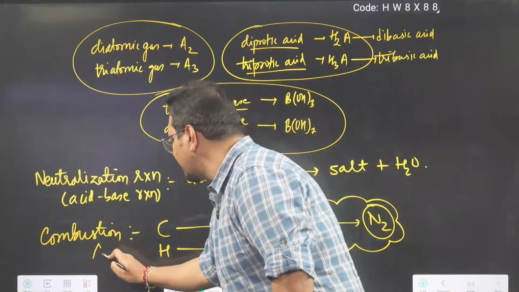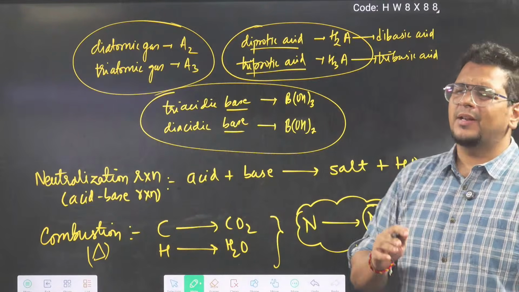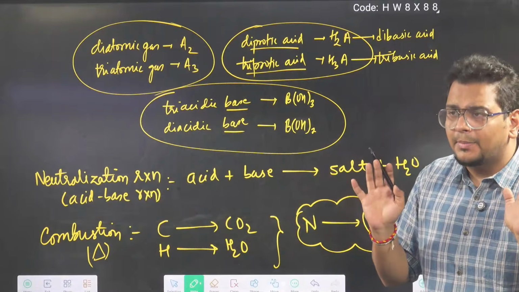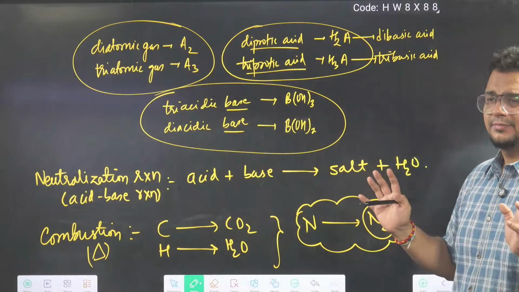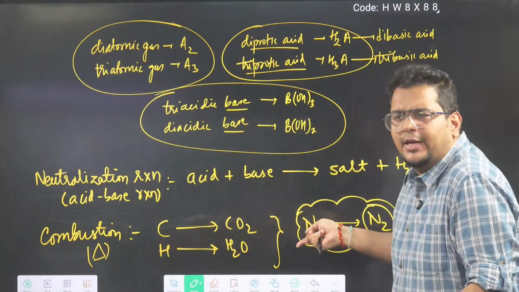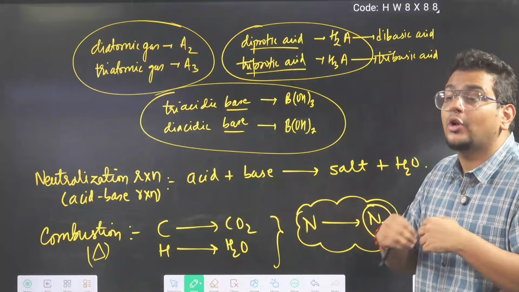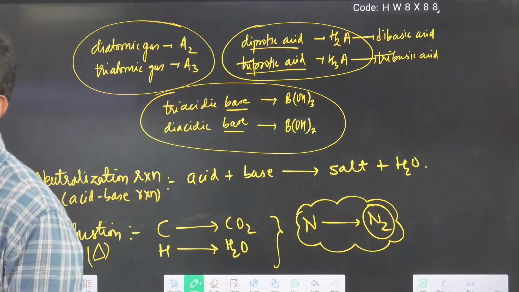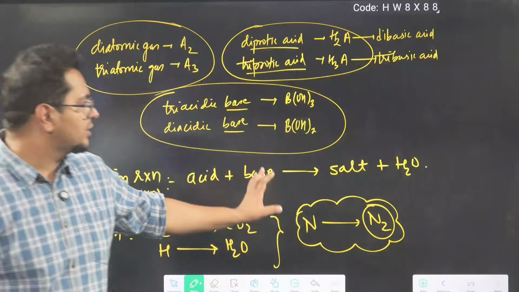So when we are having combustion at high temperature, nitrogen preferably will remain N2, unless the question says that nitrogen forms NO2 by combustion, then bhaiya, join your hands, accept the question. But if not mentioned, then don't, because you are thinking C becoming CO2, H becoming H2O, so N becomes NO2. That's why I'm saying nitrogen on combustion will preferably not become the oxide until mentioned. So the general idea will be nitrogen remains N2.